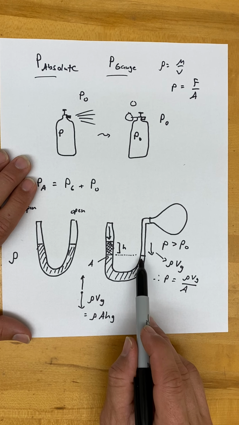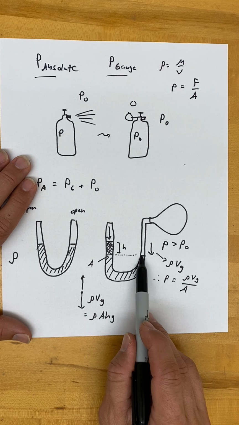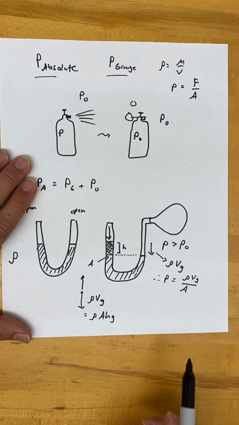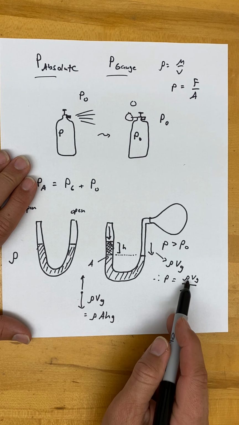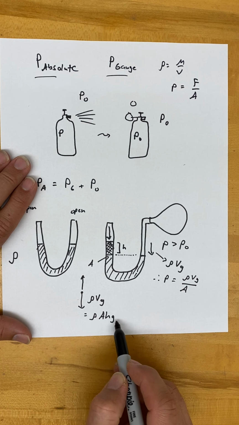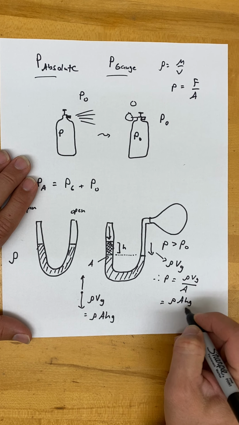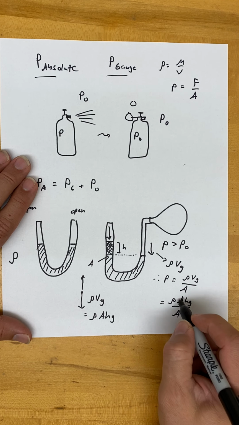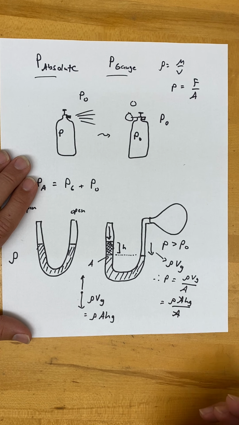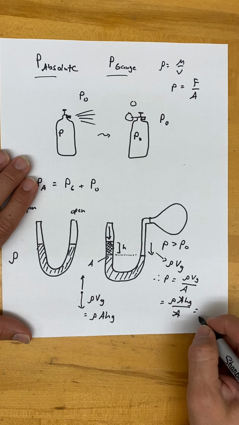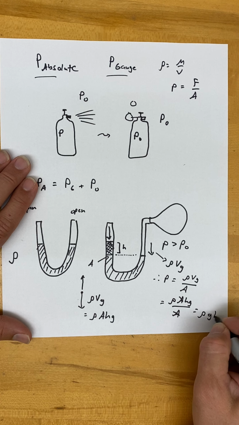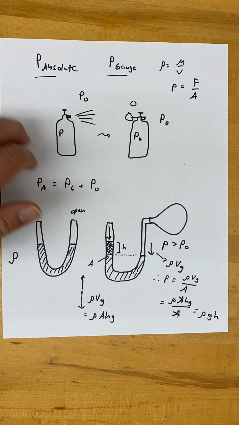Let's divide that by the area of this little cross-sectional surface, which I said is the same as this. And now let me rewrite rho VG as what I wrote over here. Equals rho AHG over A. Because I was careful to keep my A's the same, I get, let me rewrite it in the way with which we're familiar, rho GH.